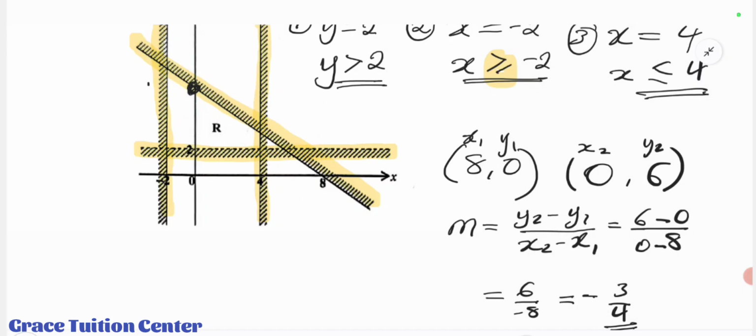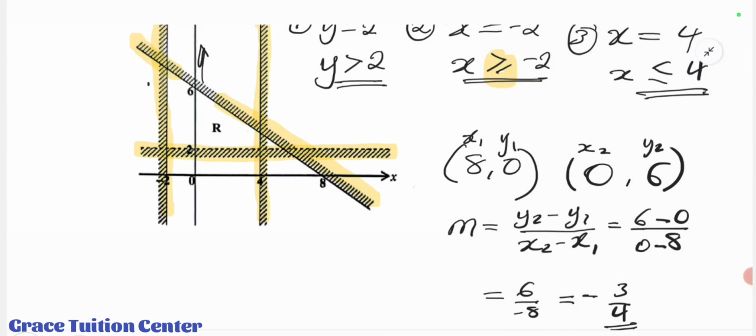So since it's under, we know that all the numbers that are under 6, because here the value of y is 6, are less than 6. All numbers under 6 on the y-axis are less than 6.